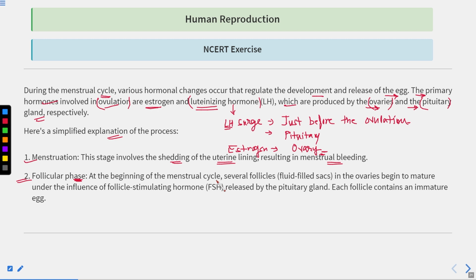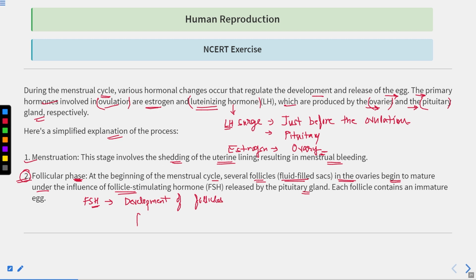So what happens at the beginning of the menstrual cycle? Several follicles, which are fluid-like sacs in the ovaries, begin to mature under the influence of the follicle stimulating hormone. The follicle stimulating hormone is released by the pituitary gland, and it stimulates the development of the follicles.